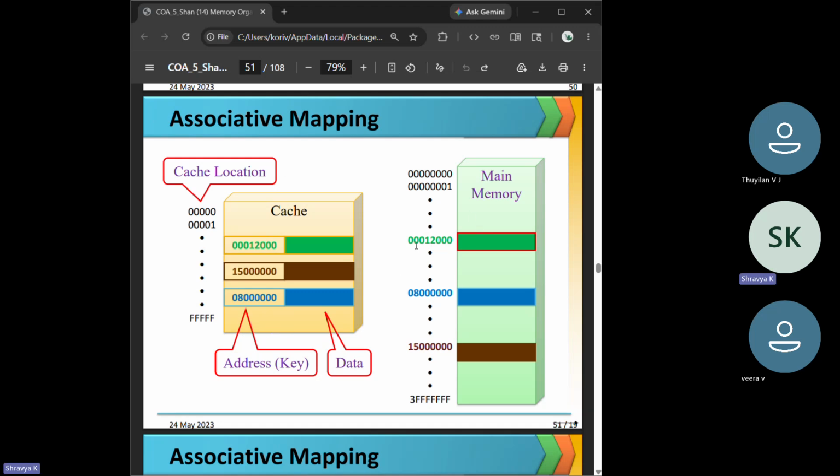Here in the main memory, you can see this entire key is present, and the data is also present, and the cache location is present here. So that is how you map from the address to the main memory, and the data is also mapped directly to the cache, right?